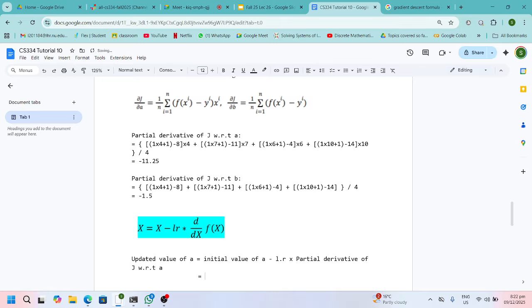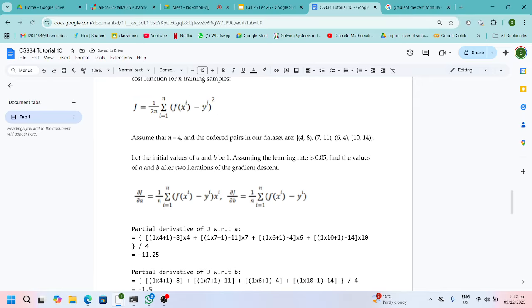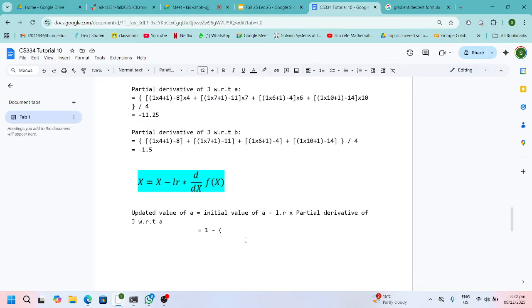So this is going to be equal to the initial value of a was 1 minus the learning rate was given to you as 0.05 and the partial derivative for a we computed to be minus 11.25. So your updated value comes out to be 1.5625.